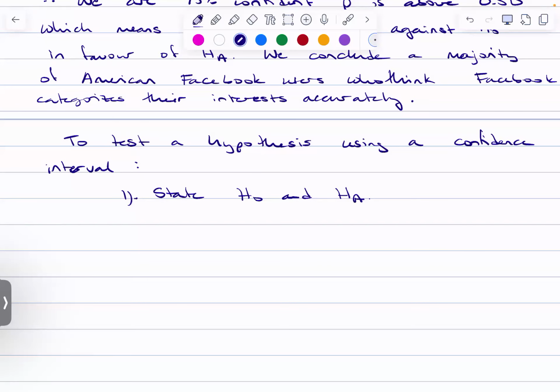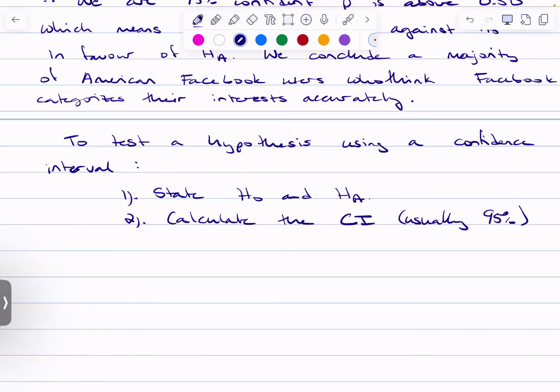In step two, you're going to calculate the confidence interval, right? Usually the default is a 95% confidence interval. Calculate the confidence interval, I'll abbreviate CI, and usually 95% is the default.